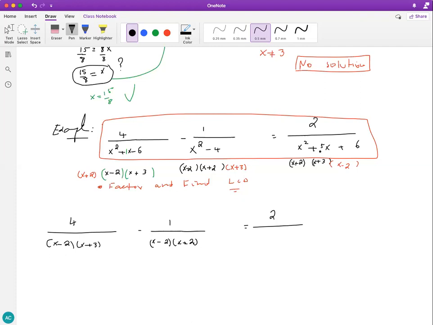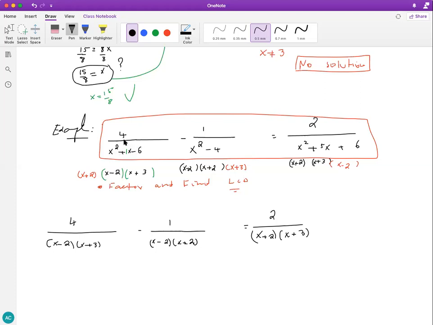All right, let me get back to this one. Let me first write this one with x plus 2. Okay, so I just wrote the original one.